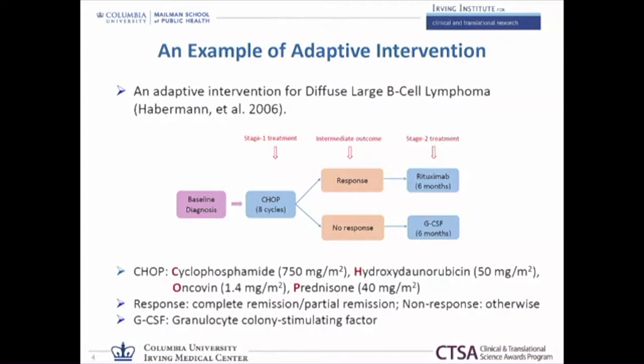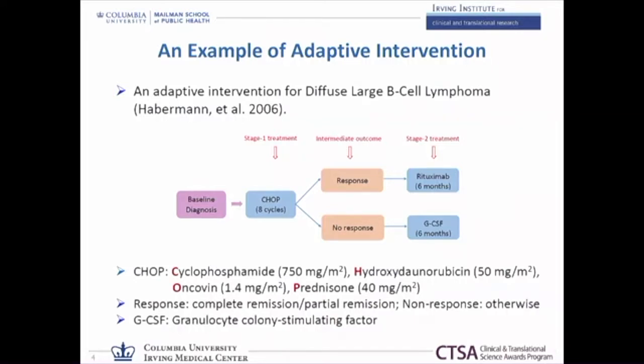At the end of stage 1, the patients were classified as responders and non-responders. Here, response is defined as complete remission or partial remission, and non-response otherwise. Non-responders will be given rituximab and GCSF for support at stage 2, and responders were given rituximab for 6 months as maintenance.